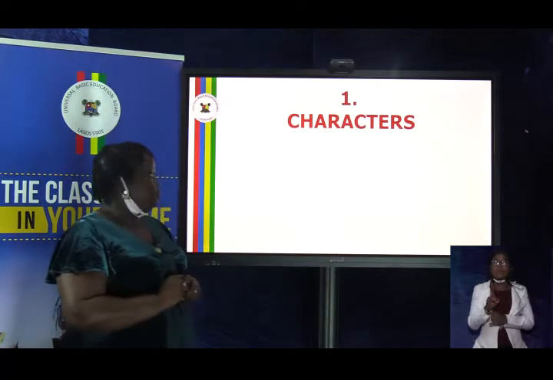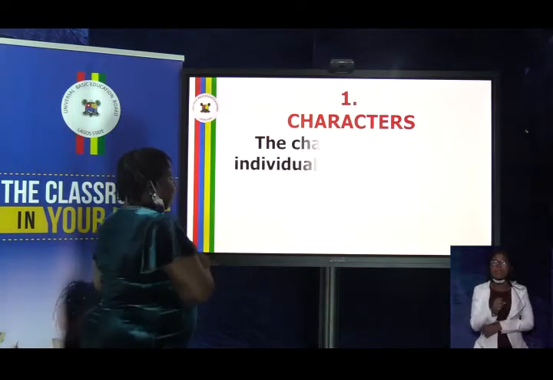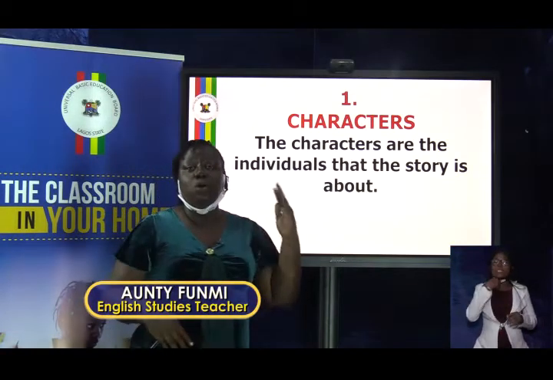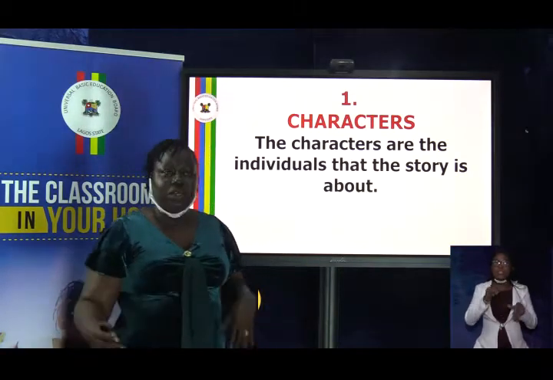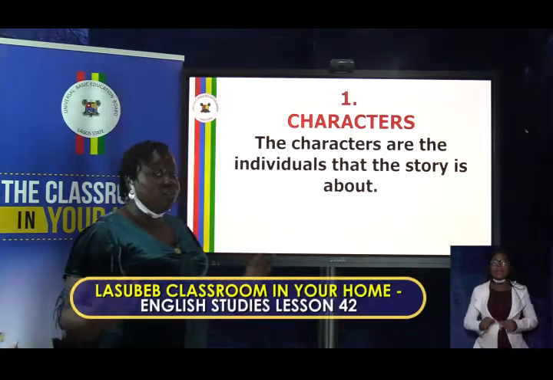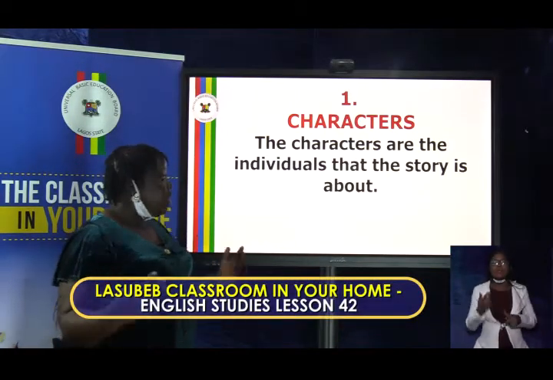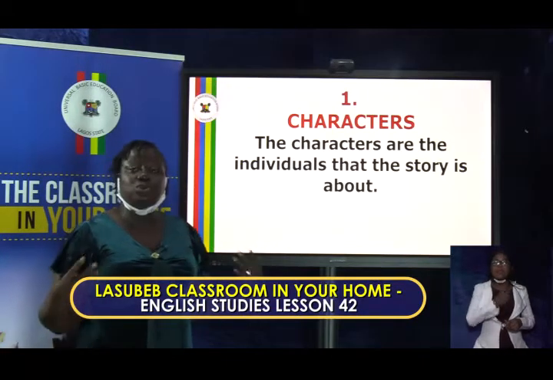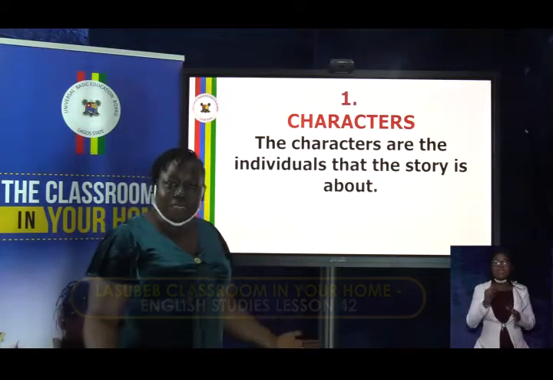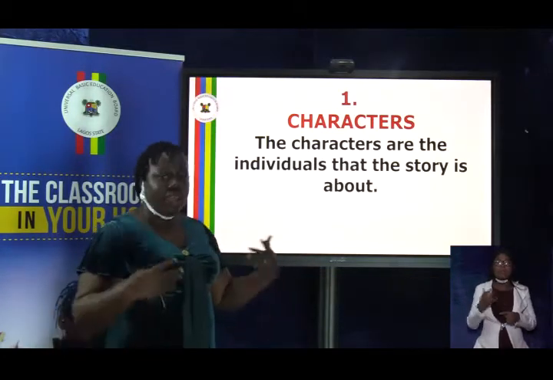The characters. In a story, they will always tell you about one person or the other. They will always tell you about maybe one animal or the other. Those are the characters. The characters are the individuals that the story is about. When I say story, once upon a time, there lived a king.